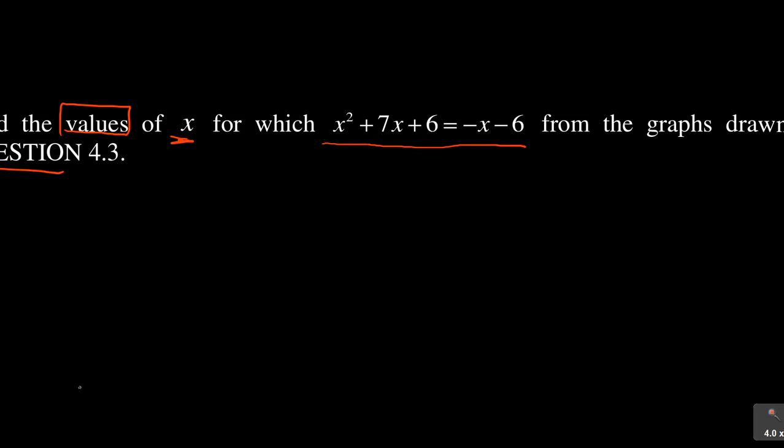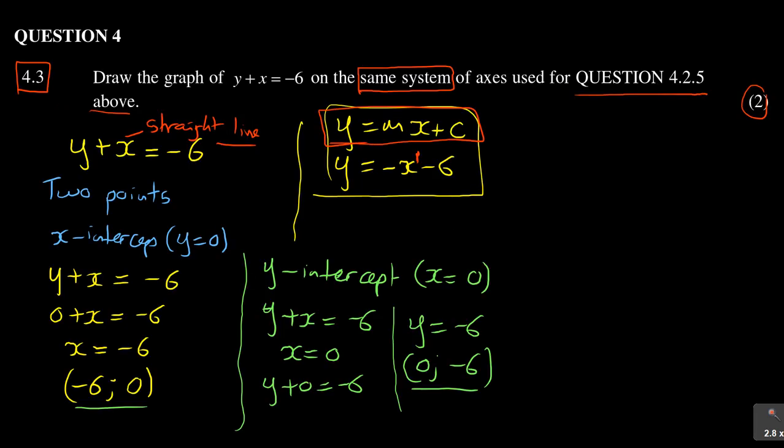Remember, we're initially given y is equal to x squared plus 7x plus 6, and if I show you previously, I did write it in this version to say y is equal to minus x minus 6 in standard form.